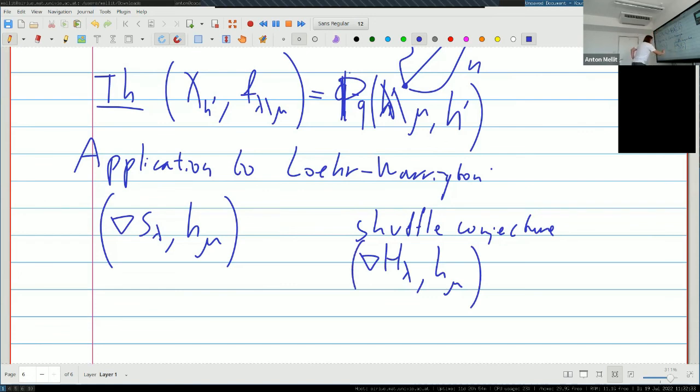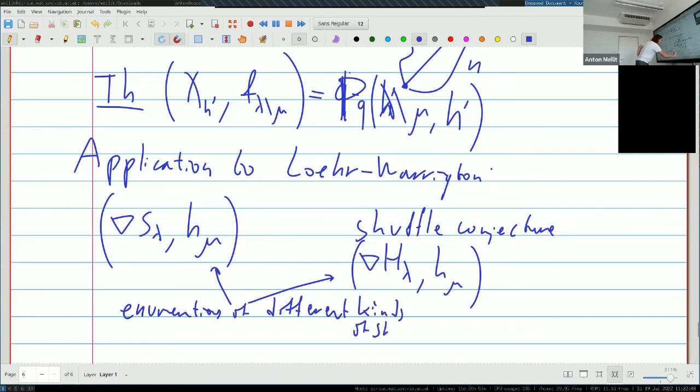And it turns out that these two are just enumerations of different kinds of shapes. Because in the shuffle conjecture, you can see that this is given by enumeration of some union of rows, and here Loehr-Warrington is about some shape.